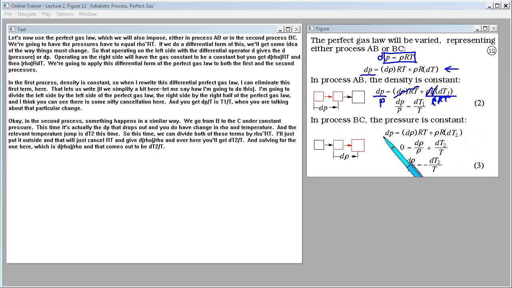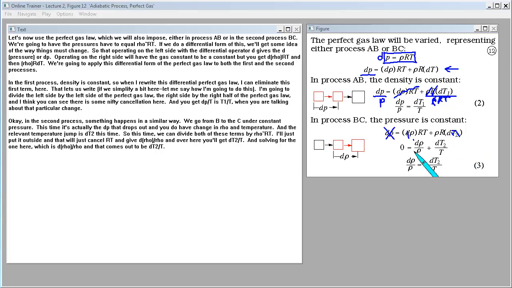Okay, in the second process, something happens in a similar way. We go from B to C under constant pressure. This time it's the dP that drops out, and you do have change in rho and temperature. And the relevant temperature jump is dT2 this time.